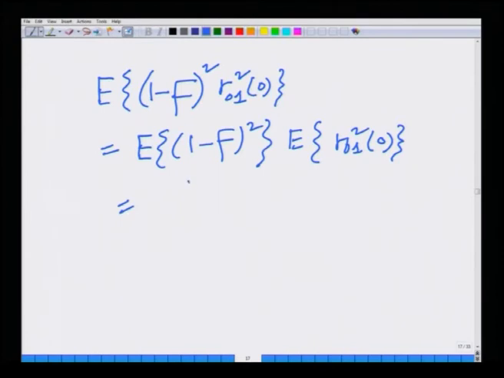This is nothing but expected (1 minus f) square is 1/3, expected R01 square of 0 is 1 over n, hence this is again another 1/3 of n.